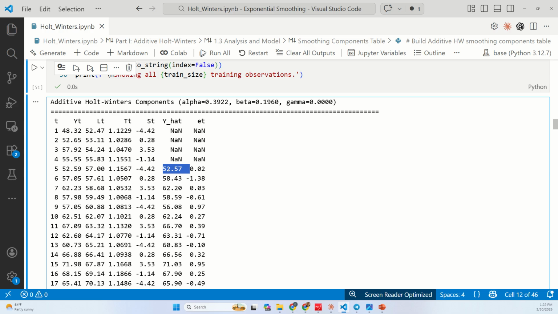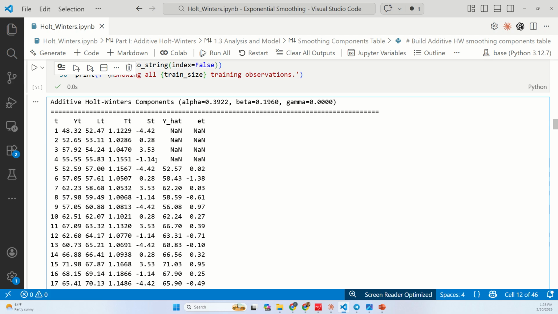All right, so remember what I told you about computing the fitted values and the forecast. This y hat comes from the previous level plus the previous trend. Then we need to add the previous seasonal value. But the previous seasonal value cannot be mixed.